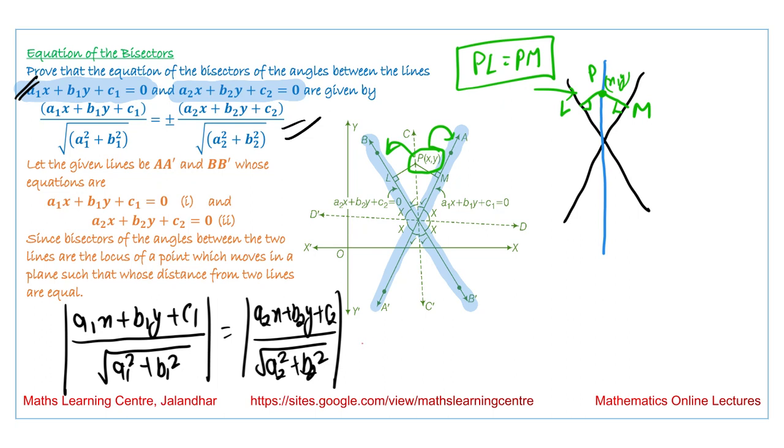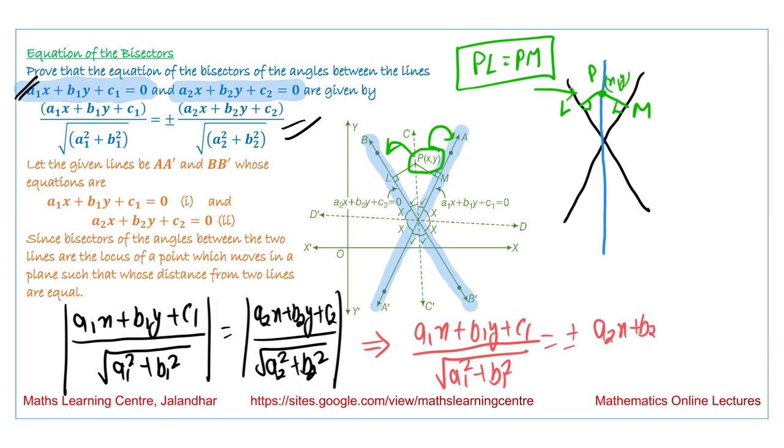So solving these, we get (A1x plus B1y plus C1) divided by square root of A1 square plus B1 square is equal to plus minus (A2x plus B2y plus C2) divided by square root of A2 square plus B2 square, and this is the equation for the angle bisector.